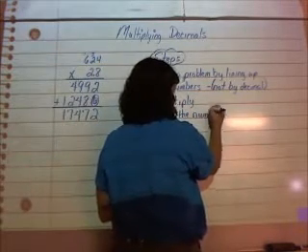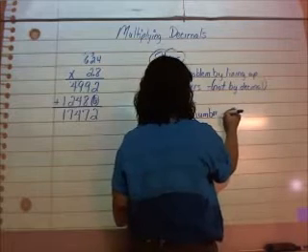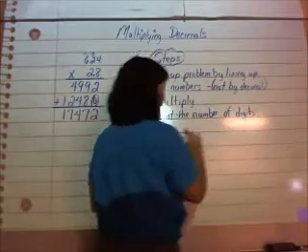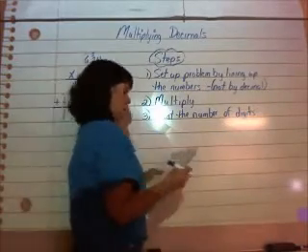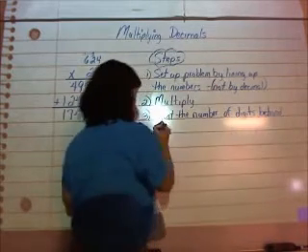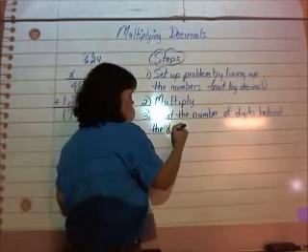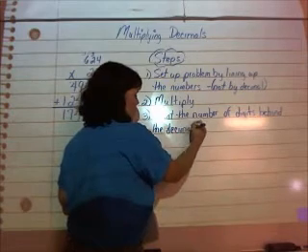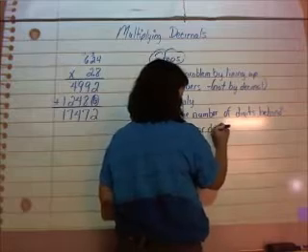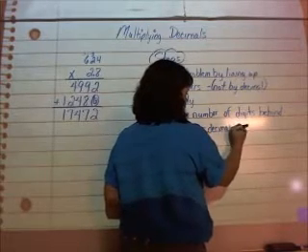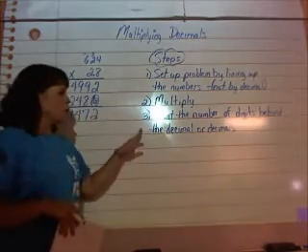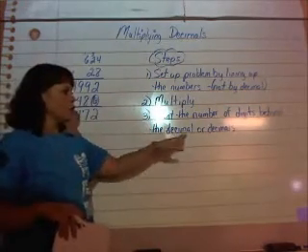You're going to count the number of digits behind the decimal, or decimals. Because sometimes you're going to have more than just one decimal.